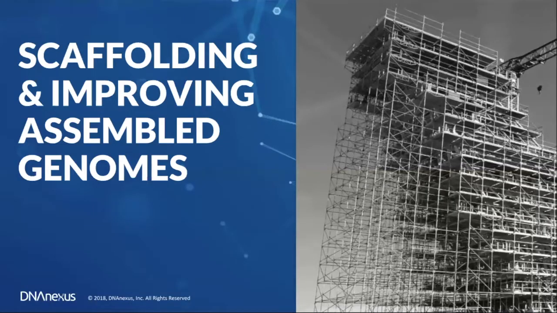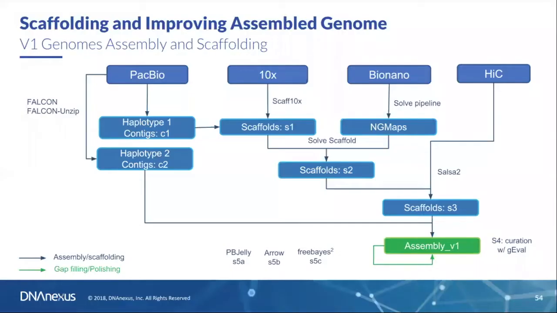The next part is going to be on scaffolding and improving your assembled genome. For the method to do scaffolding, I recommend you follow this protocol from the VGP group. Roughly, after you run the genome assembly by FALCON or FALCON-Unzip, then you can scaffold it using Scaff10x to combine 10x data with your genome assembly data to create a scaffold.